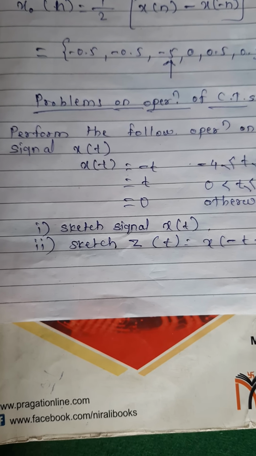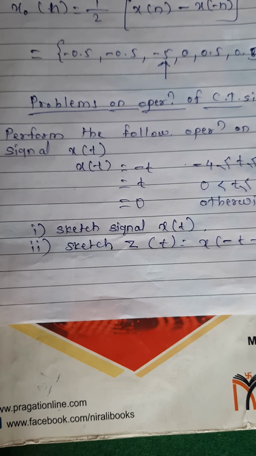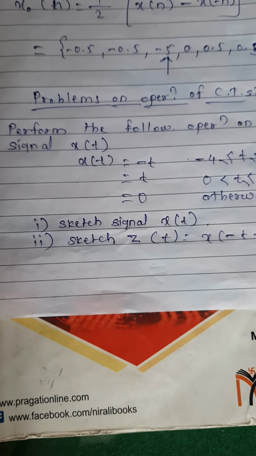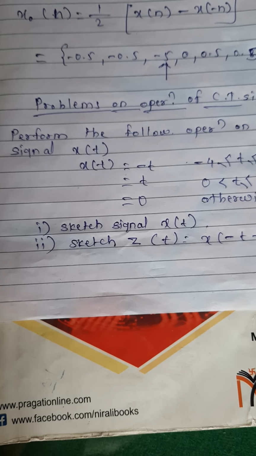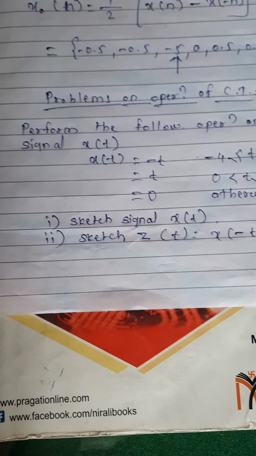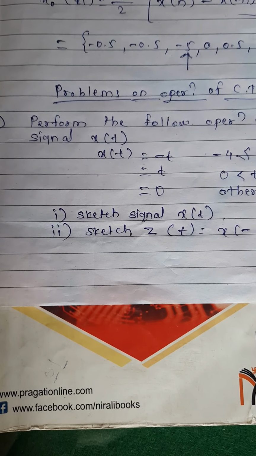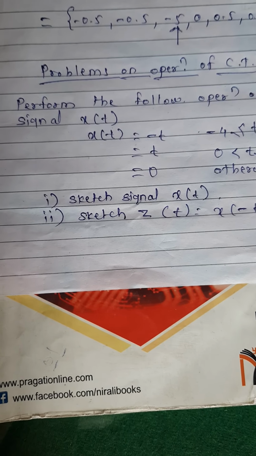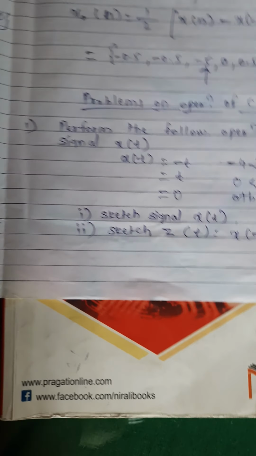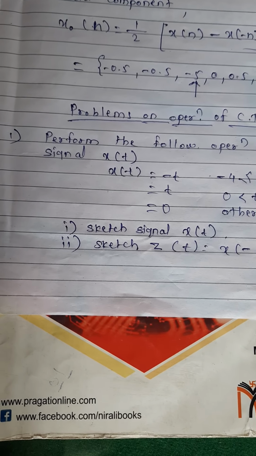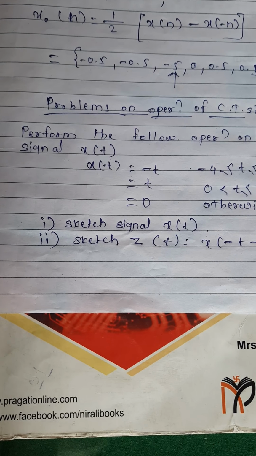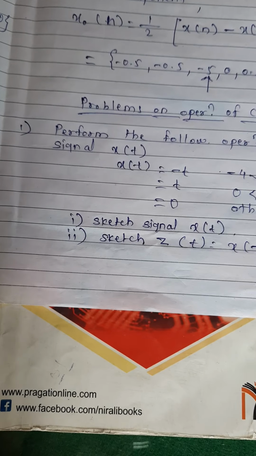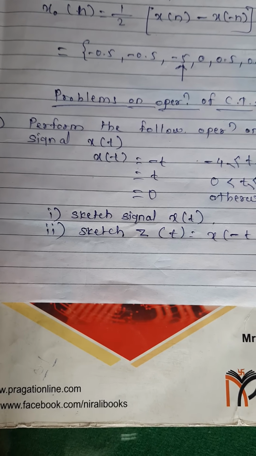The notation t means it is a ramp signal r of t, and minus t is a folded ramp.